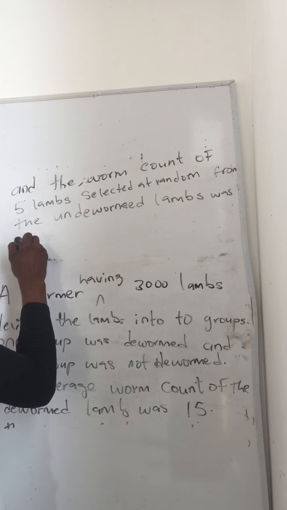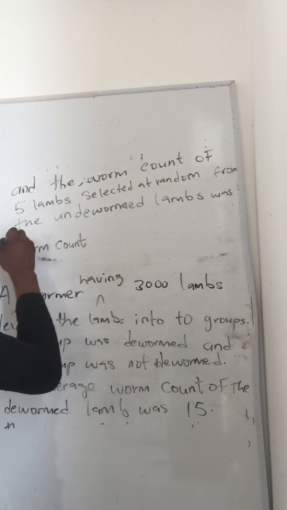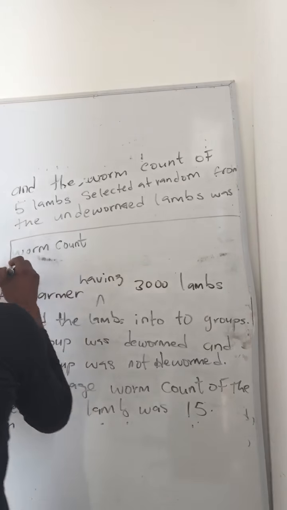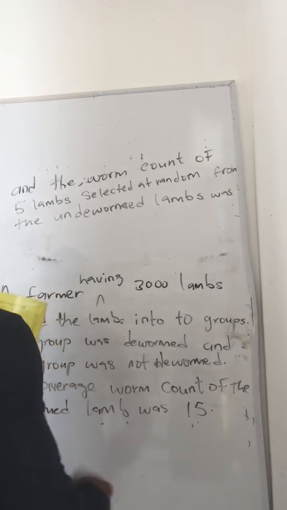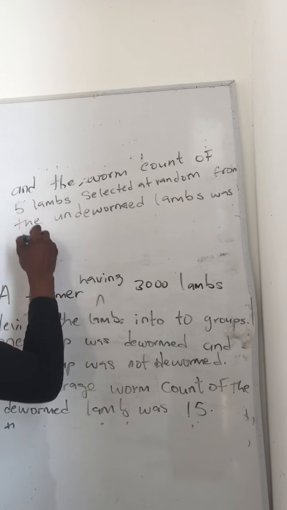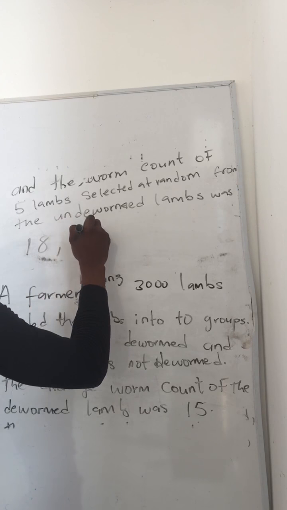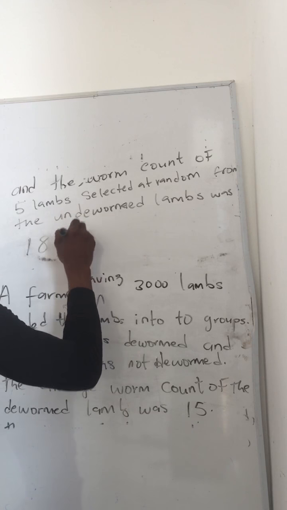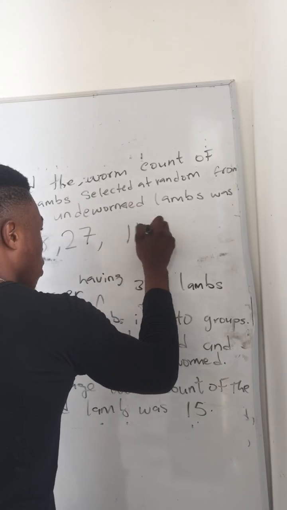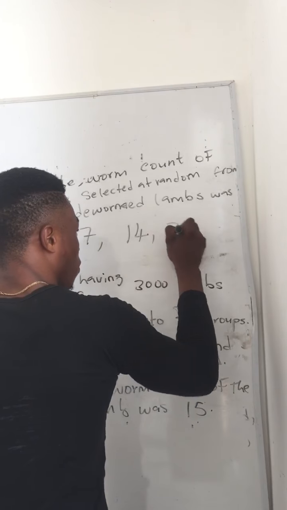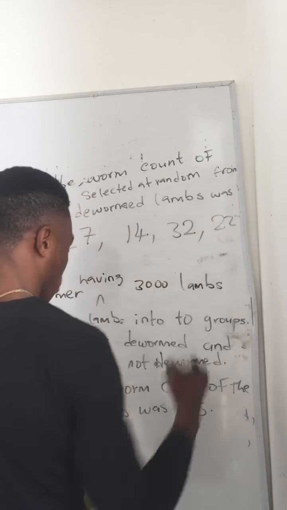So this is it. We have worm count. Have a table in this form. Let's make it have 18, 27, 14, 32, and 22.